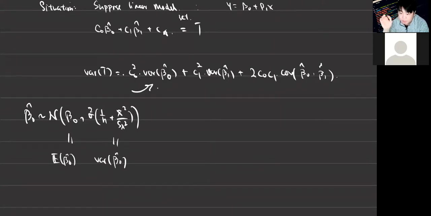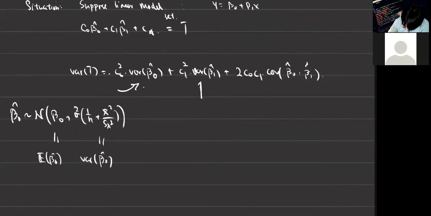Now, what's happening with beta 1 hat? What's happening with the variance of that? Let me write it here. This comes from the following. I'm running out of space here, so I'm just going to write like this. That's beta 1 hat. This also comes from the asymptotic distribution of beta 1 hat. So what is that?